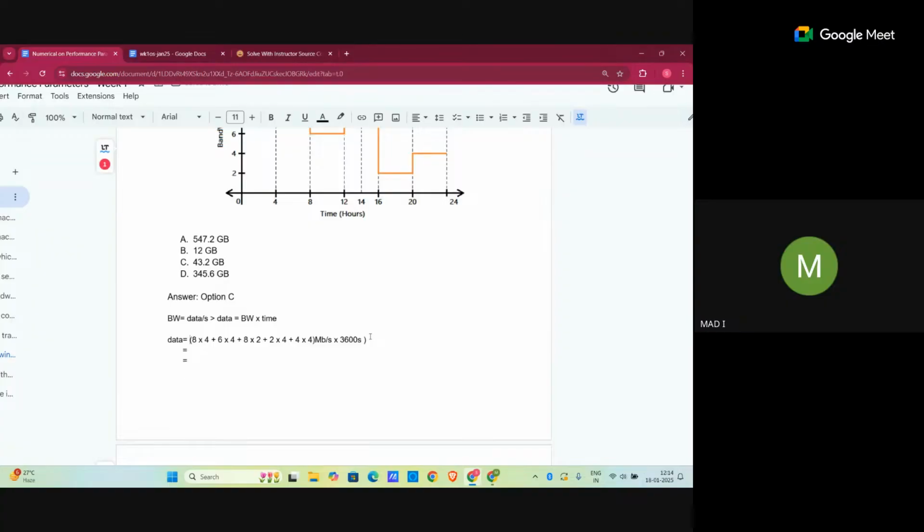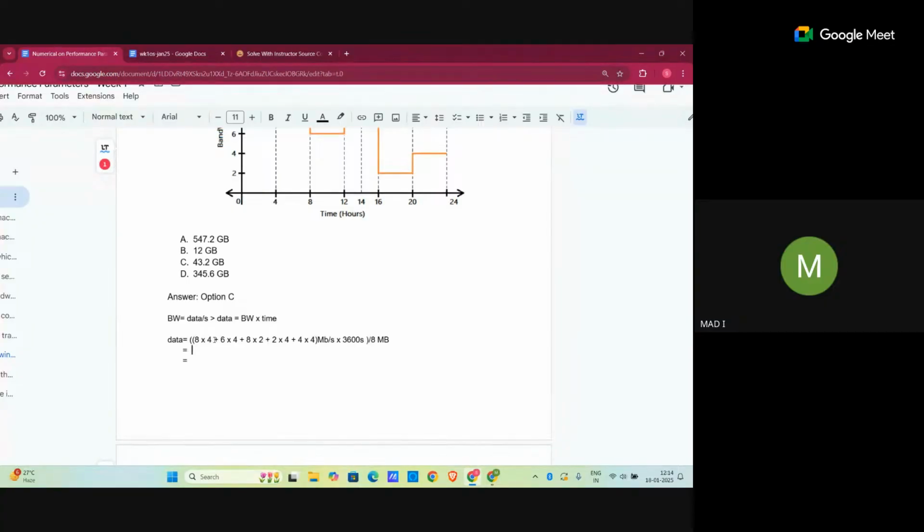So we will calculate this total and divide it by 8. Why are we dividing it by 8? When we divide it by 8, we will get the answer in megabytes.